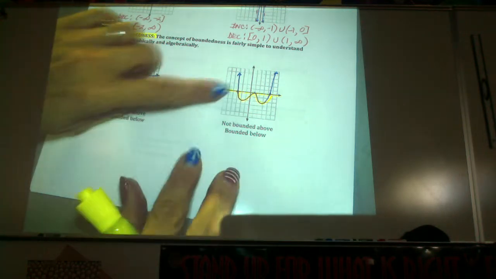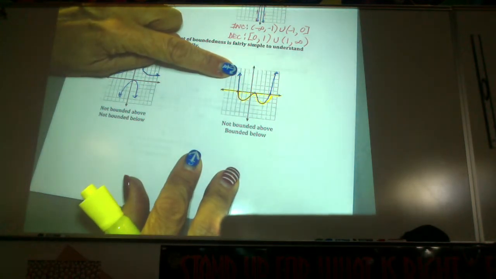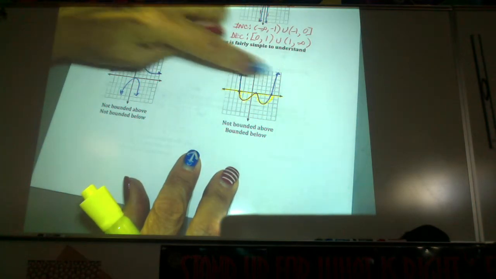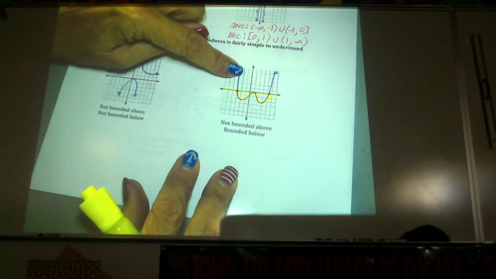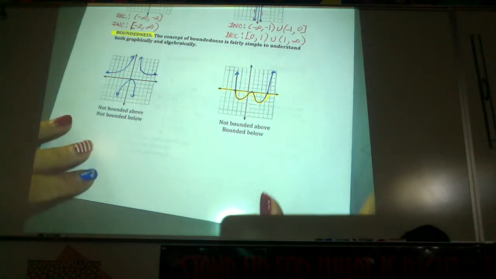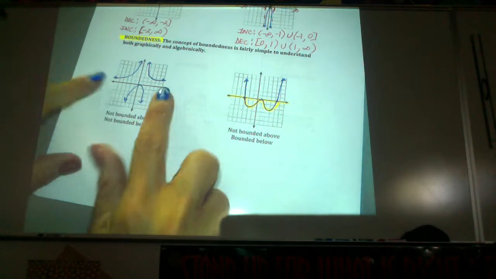Whereas if you look above the x-axis, is there a definite start here? No. There's not a definite end here. So anytime you have infinity parts on that graph, it's not bounded. No infinity parts down here, so it's bounded below. It's not bounded above. Does that make sense now why this one is not bounded on either?